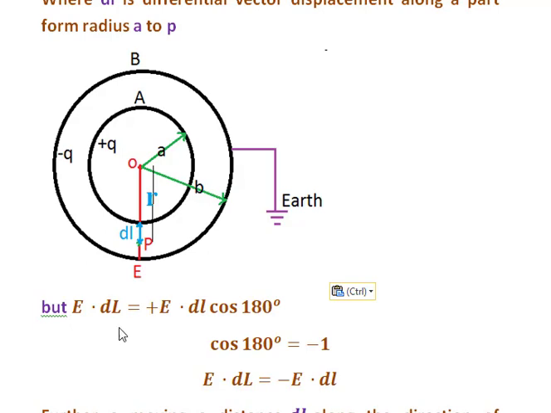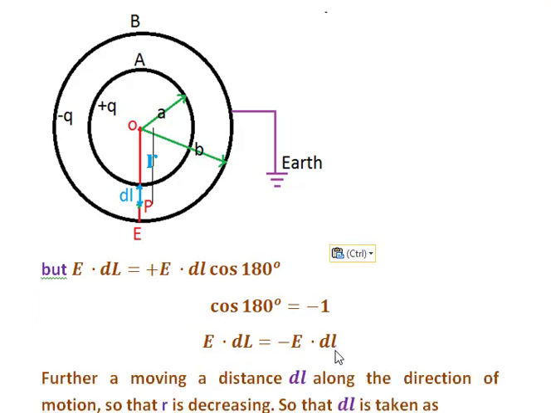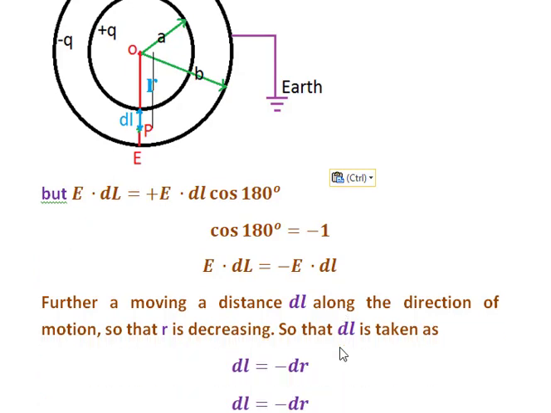So E dot dl, the electric field into dl, equals E dl cos theta, with theta 180 degrees. You know cos 180 is equal to minus 1. So this E dl is converted into minus E dl.